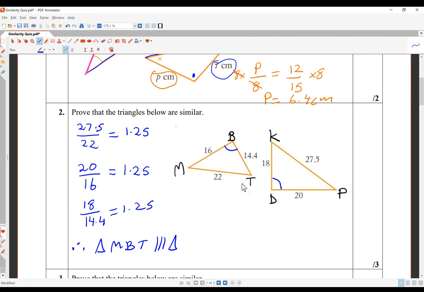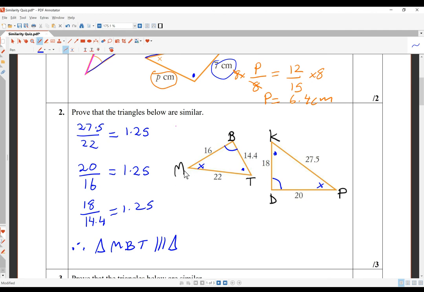Now let's go to the second longest side, which in the smaller triangle is 16. The angle opposite that, I'll put a dot. And I'll go to the other triangle, and we have the second longest side, which is 20, and we'll put a dot just there. And that means the other angle is just marked with an X. Okay, so now we can match the angles correctly.